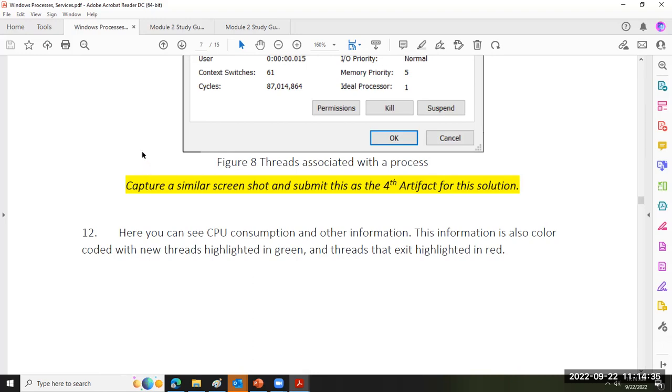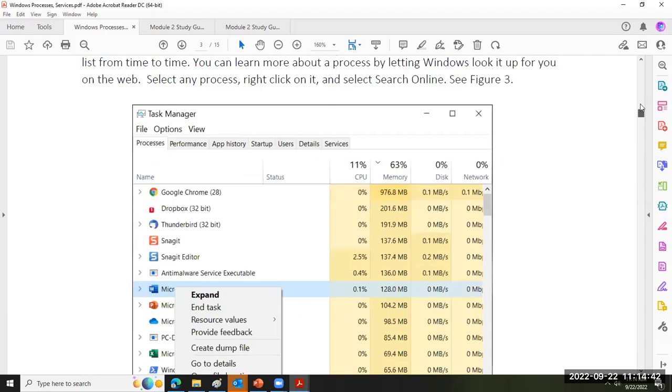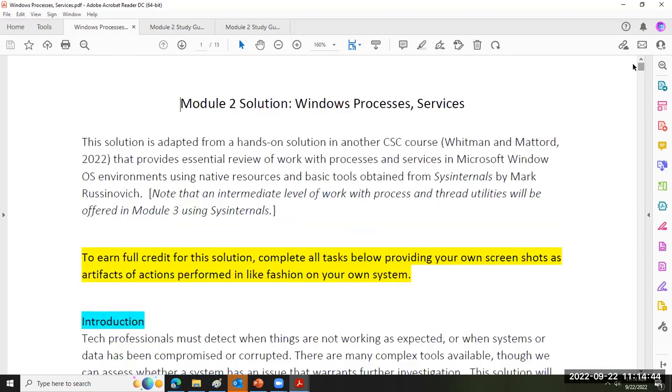But then in Module 3, we take it to a whole other level. Are there any questions about what we've just shared with you about the Module 2 solution? You'll see this posted in the module right after our session ends.